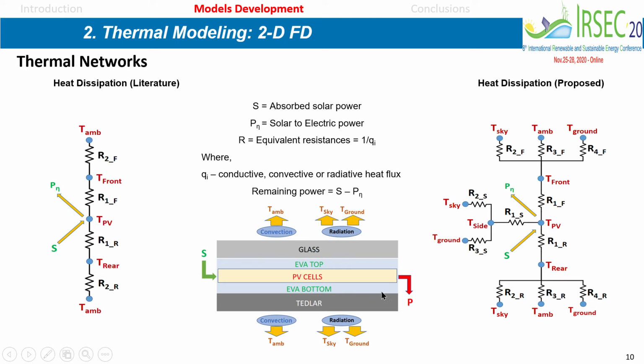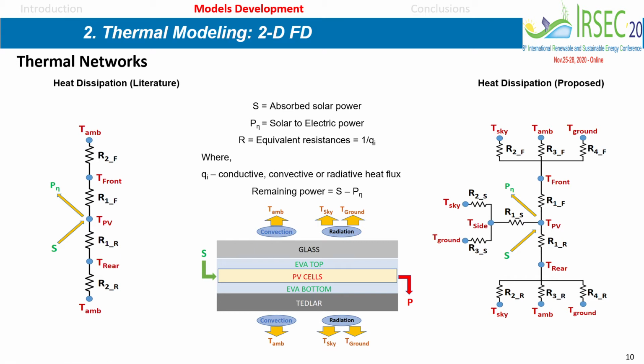Now, one thing we did to improve the accuracy of the modeling is to look at the heat dissipation and look at what's in the literature. All of the existing models use this schematic here for the heat dissipation. With this we were not able to accurately reproduce the experimental results.